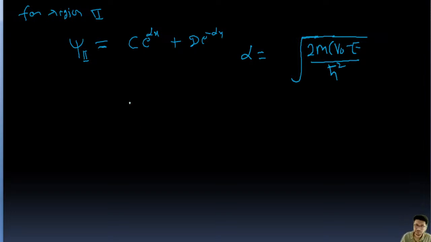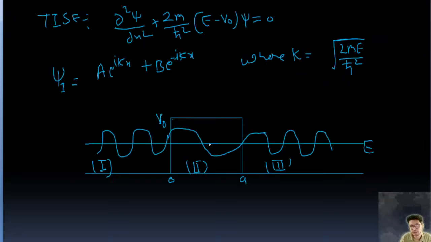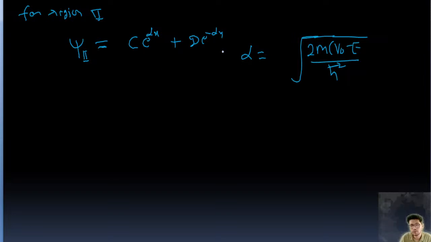This is for the second region. This will be non-oscillatory, meaning here you will not get any iota term in the wave function.